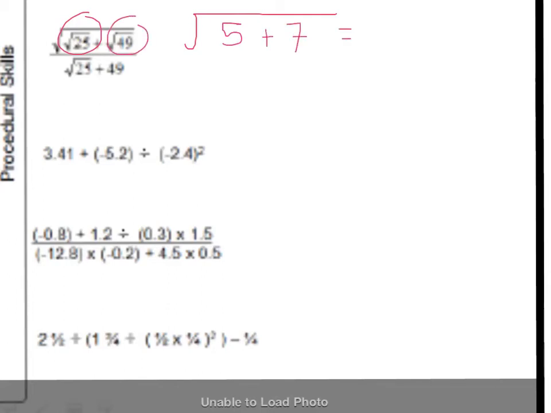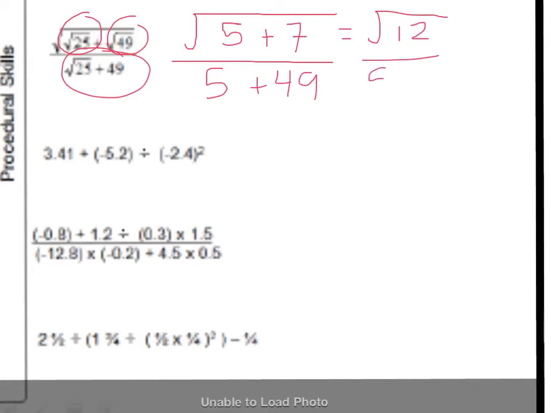I'm going to add those together to get the square root of 12. I divide that by the square root of 25 is 5 plus 49. Nothing changes there, which is 54. The square root of 12 is 3.46. I have to divide that by 54.